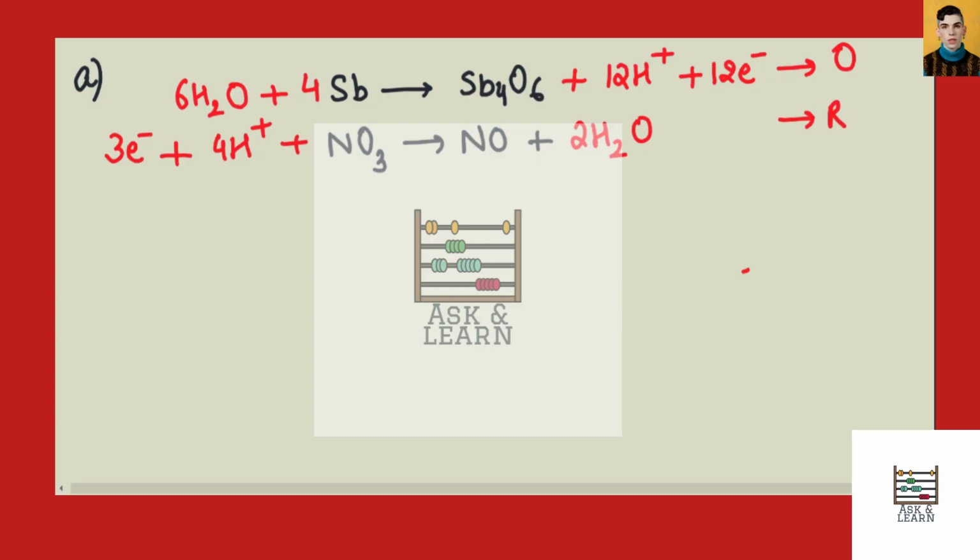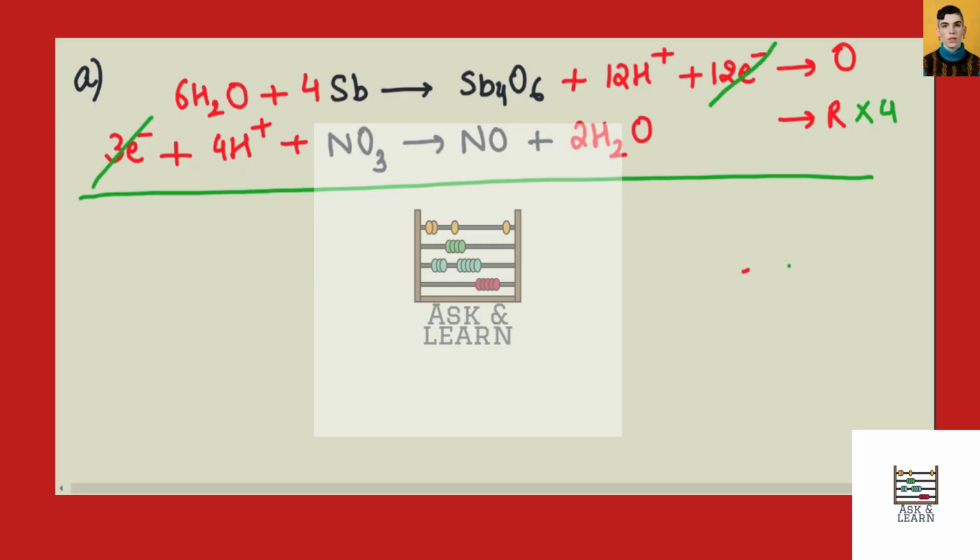And now since we have to sum up the two reactions, what we do is we multiply the reduction reaction by 4, so that the number of electrons get cancelled. So here the number of electrons are 12 and 12 and they get cancelled, and the overall reaction comes out to be 4Sb, 4NO3 negative, plus, now here in the oxidation reaction we have 12H positive, and in the reduction reaction we have 16.